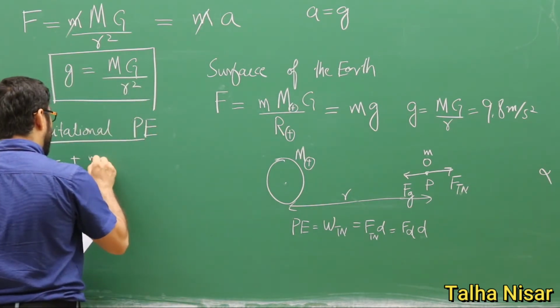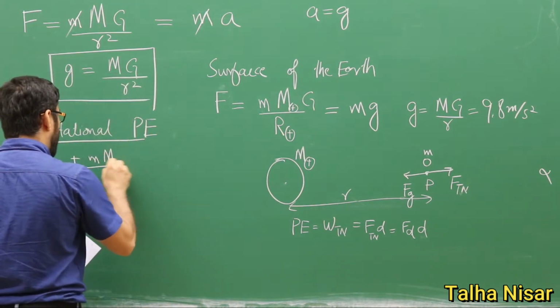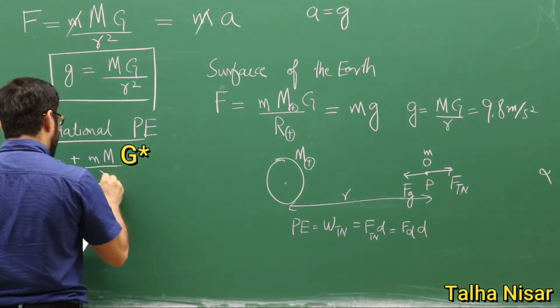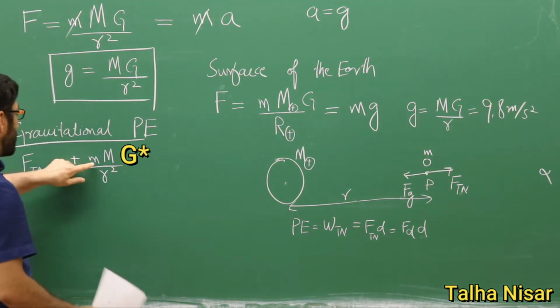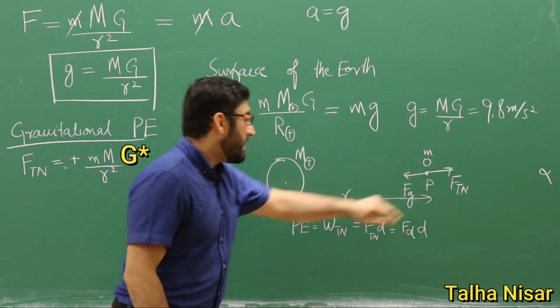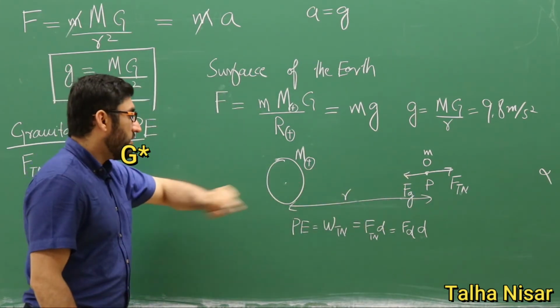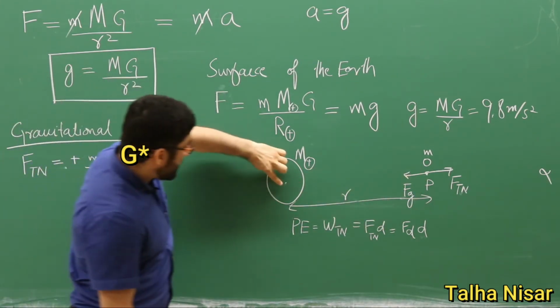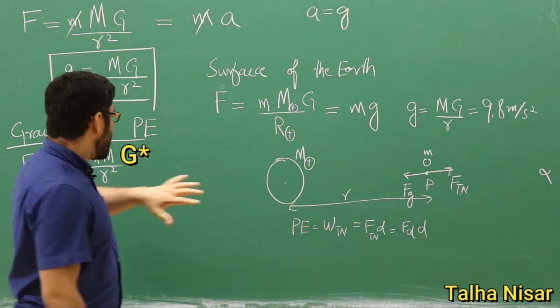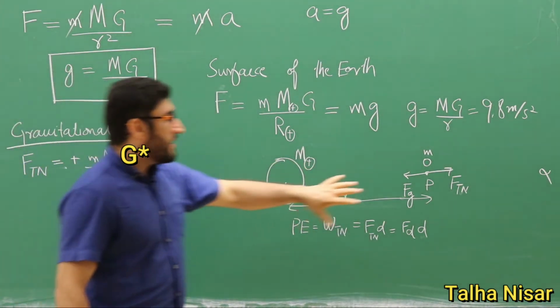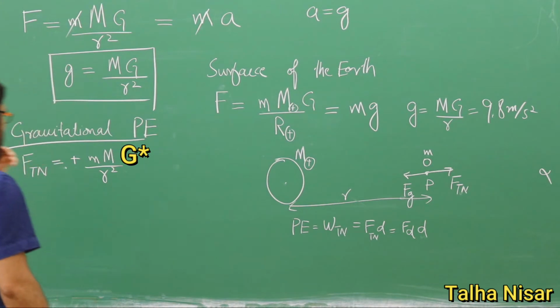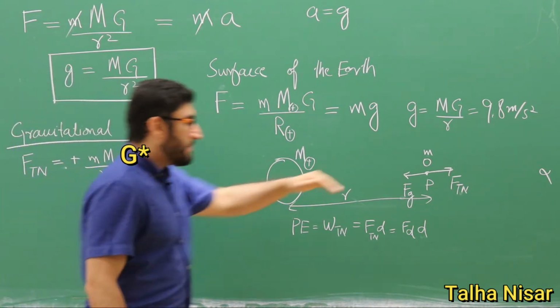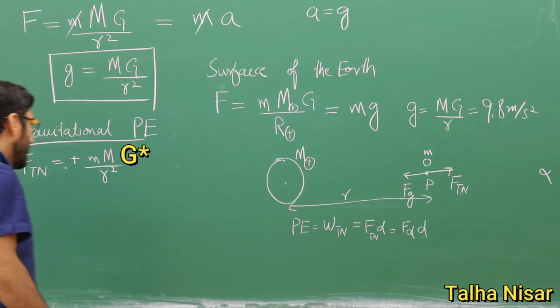We have a small m, and a big M which is for the earth, and we have the distance which is from here to here. So this is the force that I needed to do because I bring it from infinity.